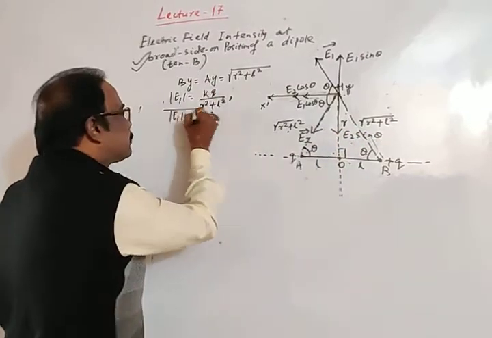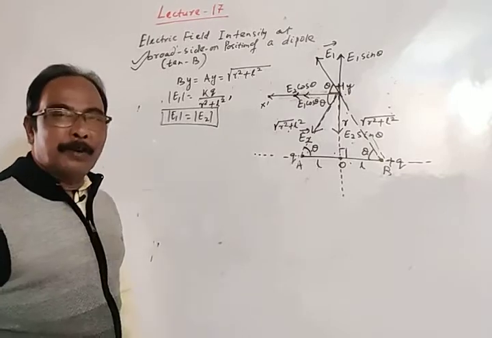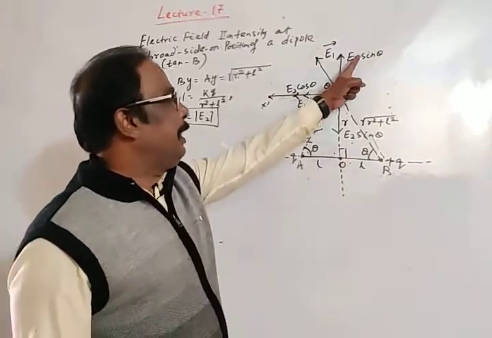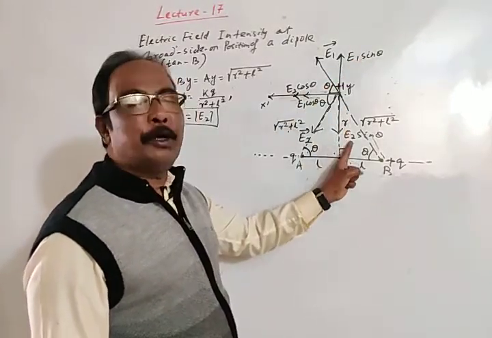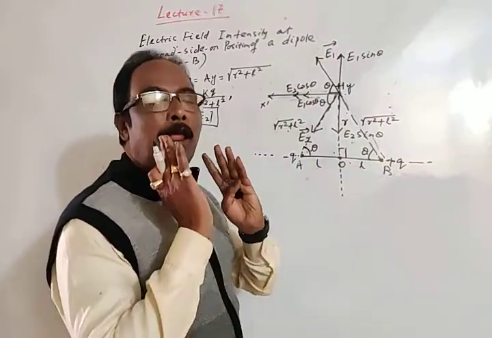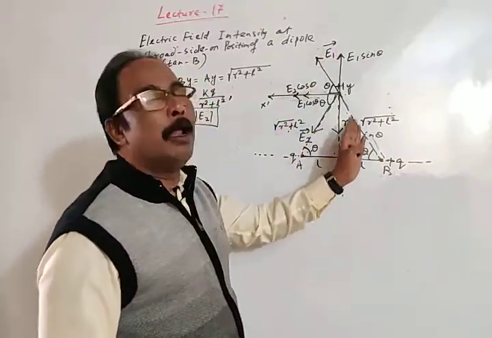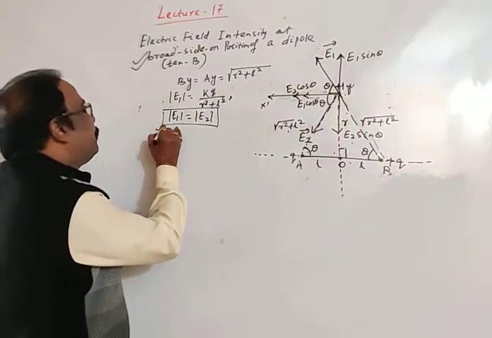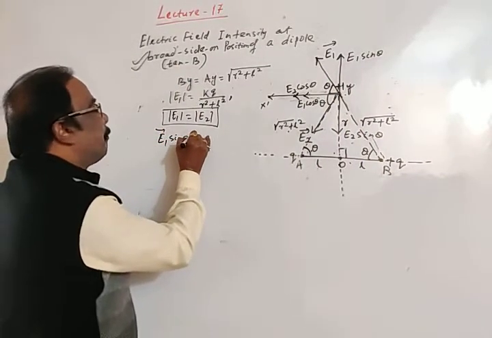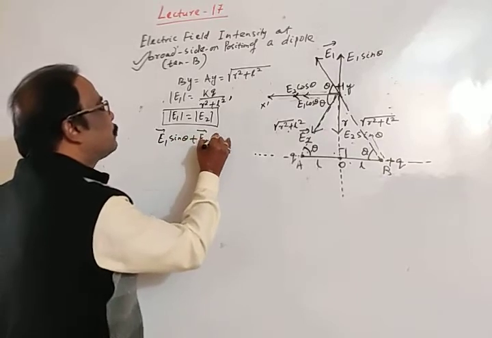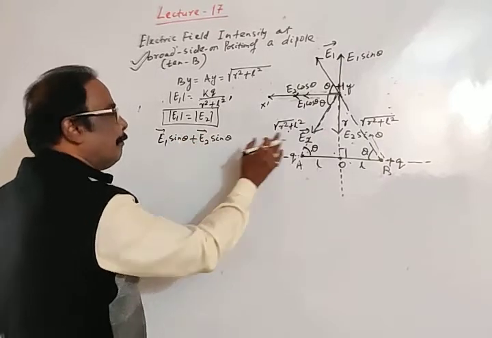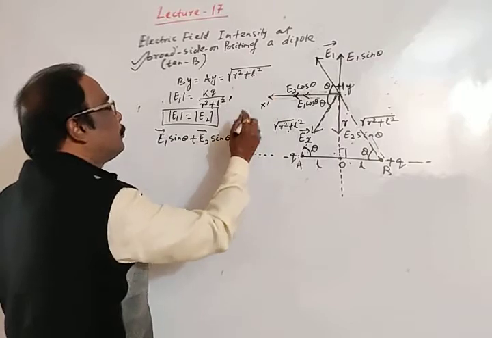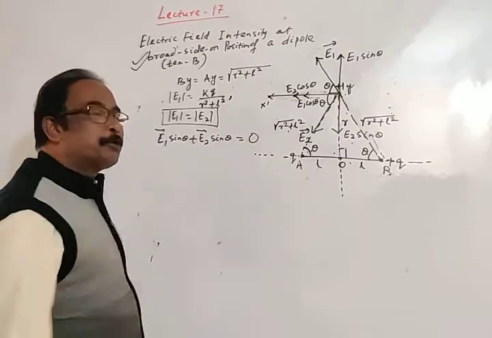As we have discussed, the magnitude of E1 is equal to the magnitude of E2. So E1 sin theta equals E2 sin theta in magnitude, and both are oppositely directed. So their vector sum is 0.